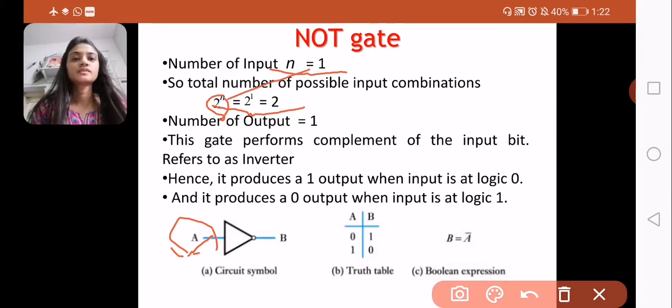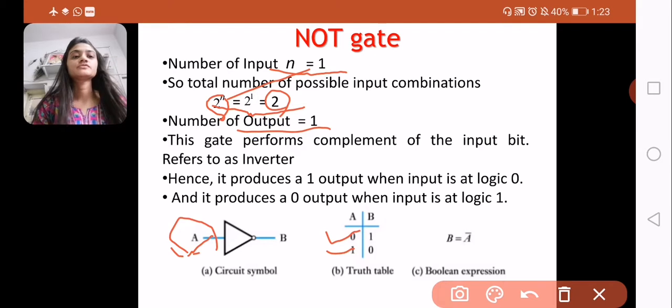So 2 raised to 1 gives 2. So number of input combinations will be 2. Number of output will be 1. In any logic gate, remember that output will be only a single bit. Input can be more than 1 bit, but output will be 1 bit only.